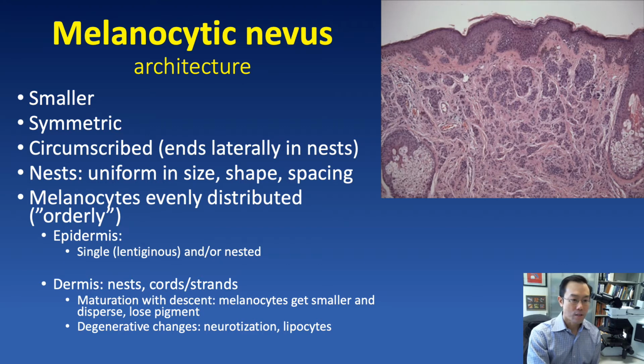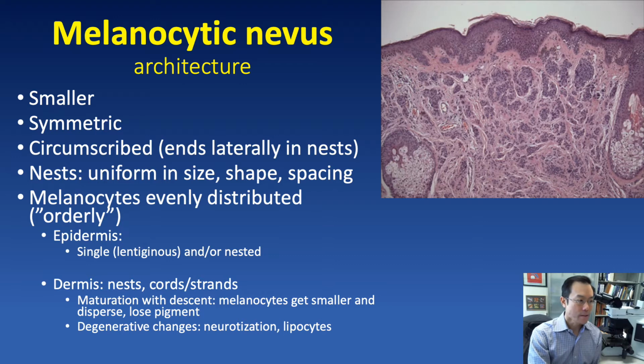Circumscription refers to a sharp lateral or peripheral demarcation to the nevus, especially the junctional component. Ideally, the lesion would end in nests rather than trailing off as single melanocytes. And the nests themselves should be uniform or orderly. There's again that word orderly in every measurable aspect. So uniform size, uniform shape, and uniform spacing of the nests from one another.